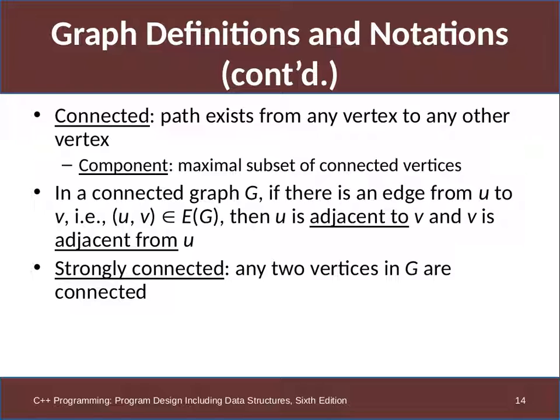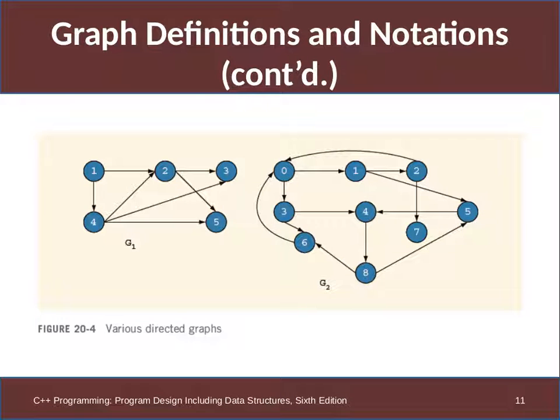Two vertices are connected if a path exists between them.